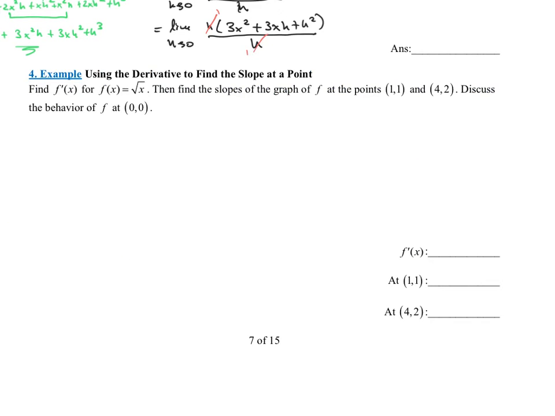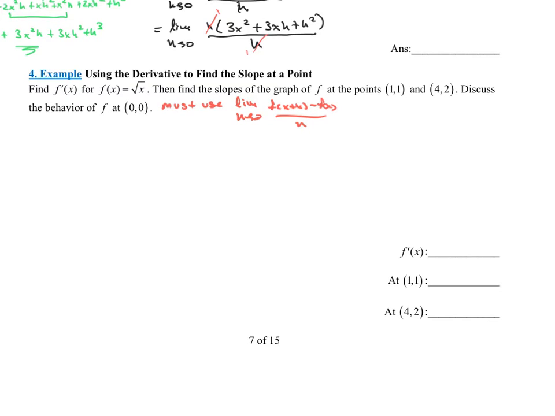All right, we're going to look at example 4 now. I want you to star this example. The reason being is this is very close to what could be on the test. Finding the derivative, f prime of x, really, really important here. Again, you must use the definition of derivative. So you must use the limit as h approaches 0 of f of x plus h minus f of x all over h.